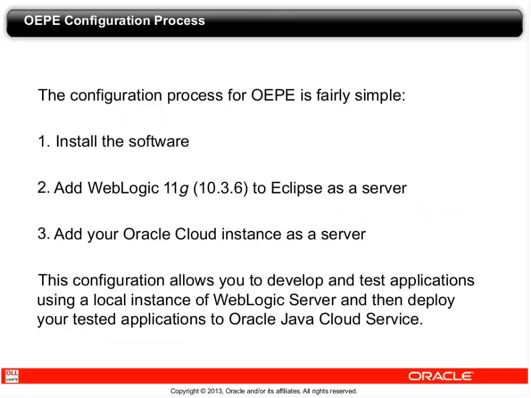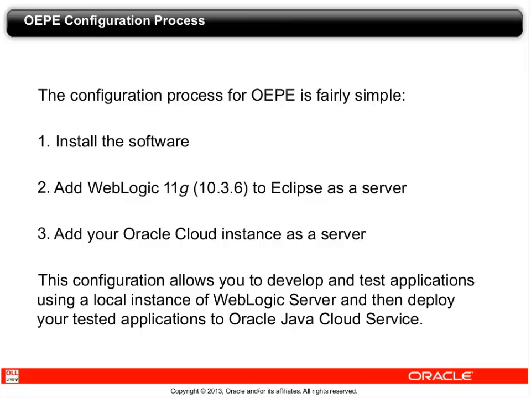So the process for configuring OEPE for use with Oracle Cloud is fairly straightforward. Once you've downloaded the software, you install it. In this case here, in order to save time, I've already gone through the installation process. On a system like Windows, like I mentioned that I have here, you can download all of the software under a single directory. So for example, on this machine, I have it all installed under C:/OEPE.